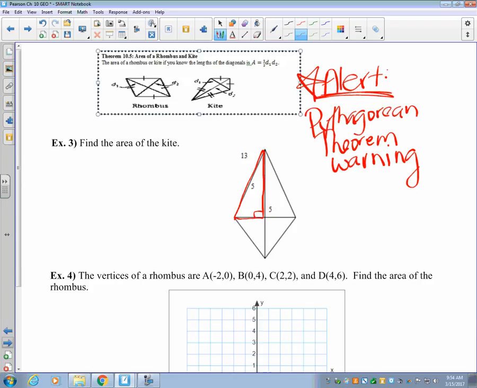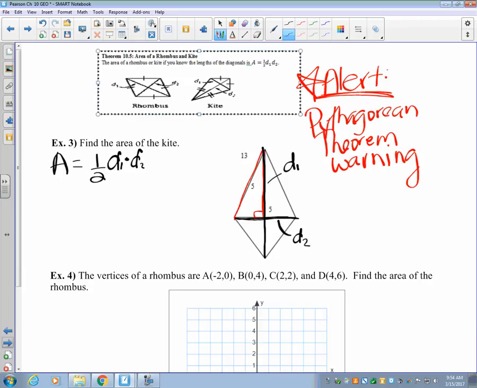Okay, so we're finding the area of the kite. The formula for the area of the kite is 1/2 diagonal 1 times diagonal 2. So we'll call this D1, and we'll call this D2.